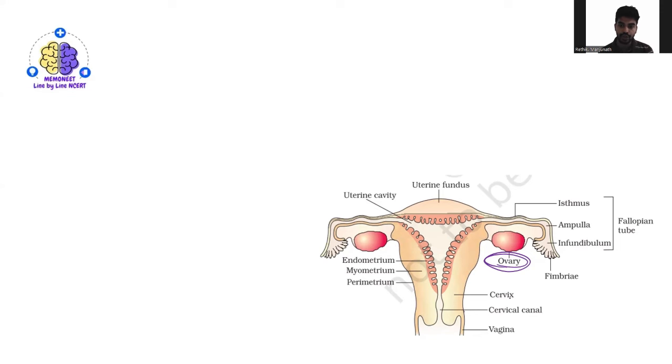It produces the female gamete, which is called the ovum, and it also produces several steroid hormones. I'll tell you what those steroid hormones are.